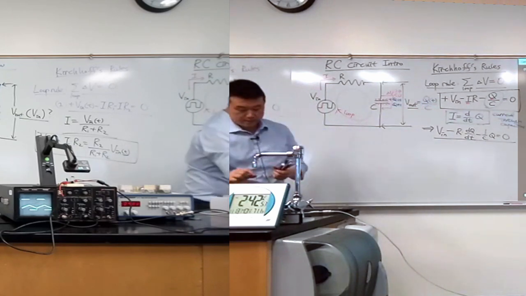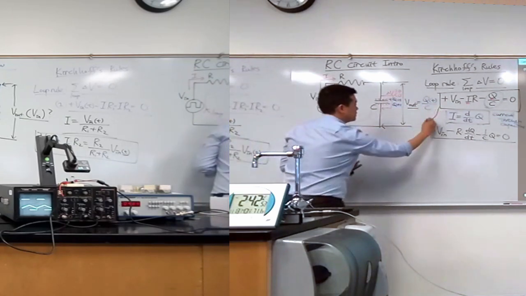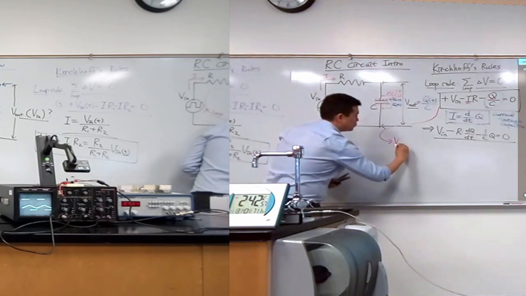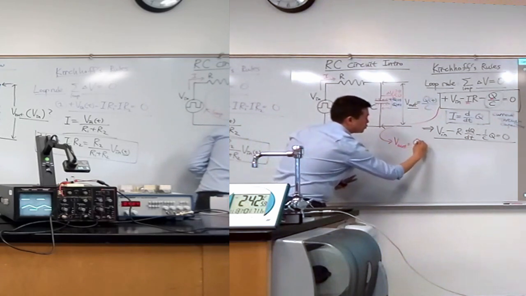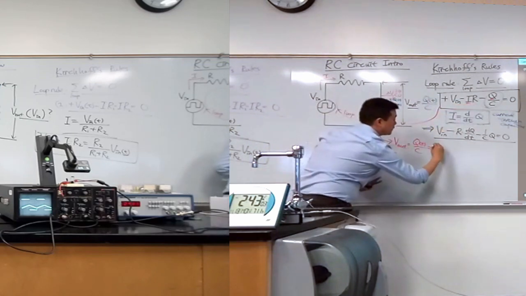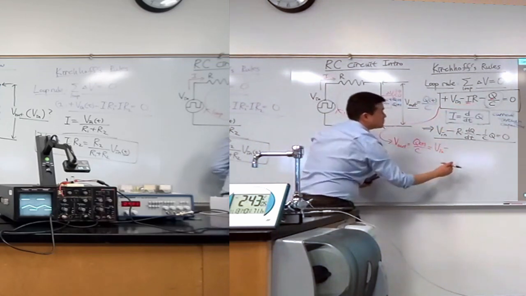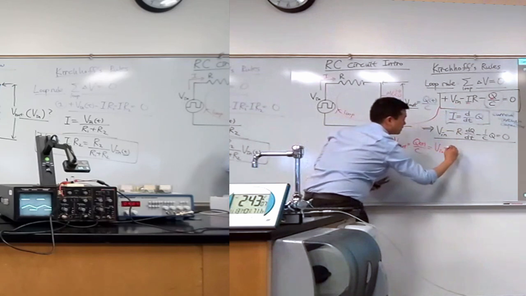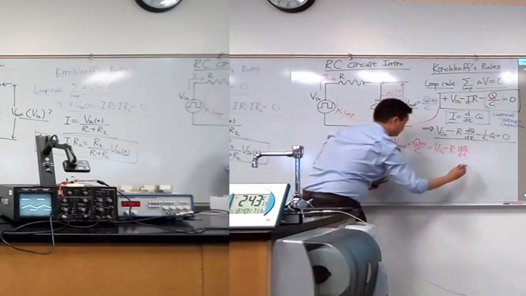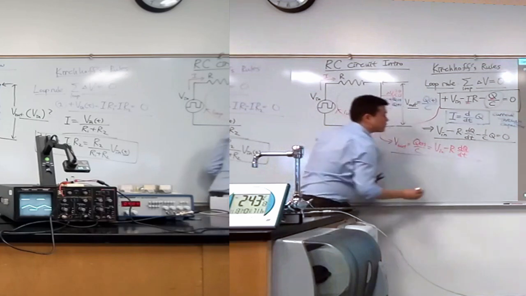Then what I end up with is, V out or Q over C is equal to V in minus R times dQ/dt. So this is the expression, right?